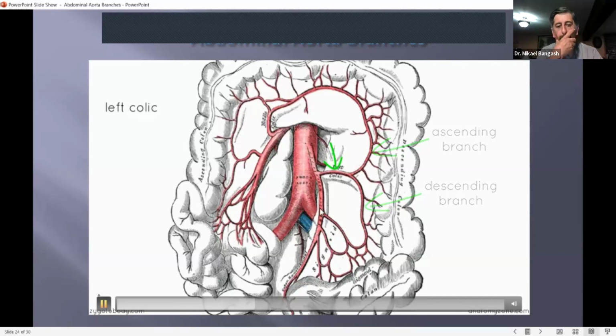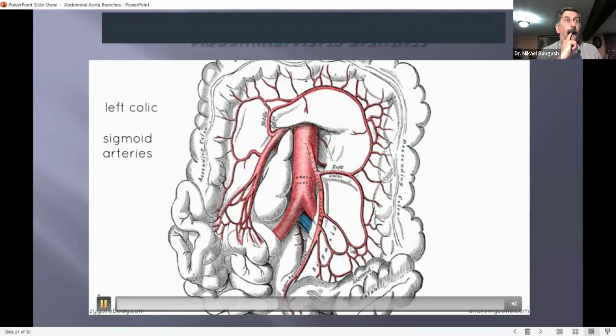Just below the left colic artery, you've got several vessels which come off the inferior mesenteric artery, and these are the sigmoidal arteries. You've got quite a few of these. They form arcades and vascularize the distal part of the descending colon and, as the name suggests, the sigmoid colon as well.